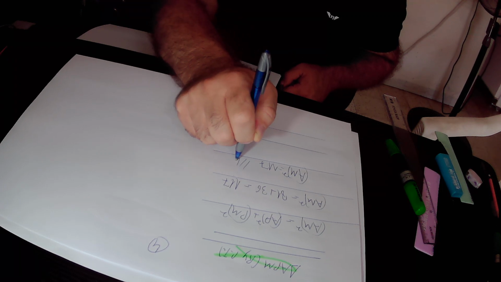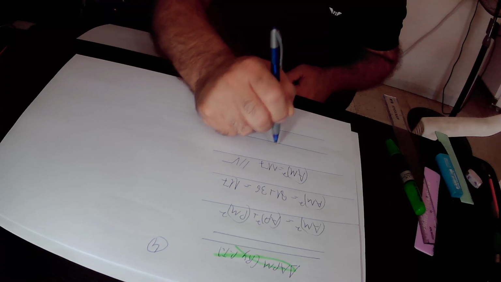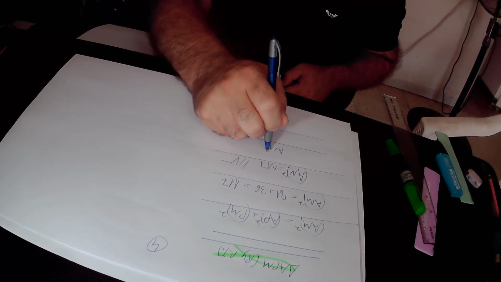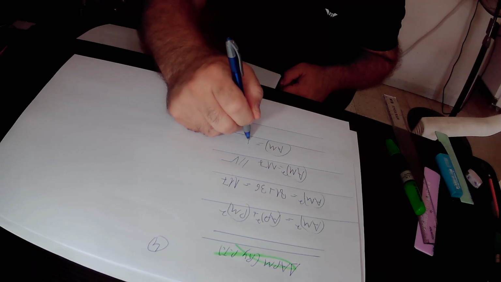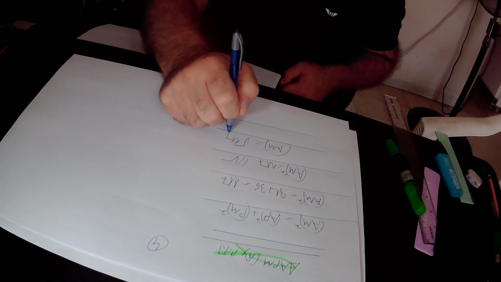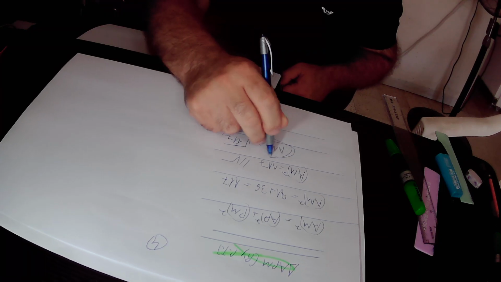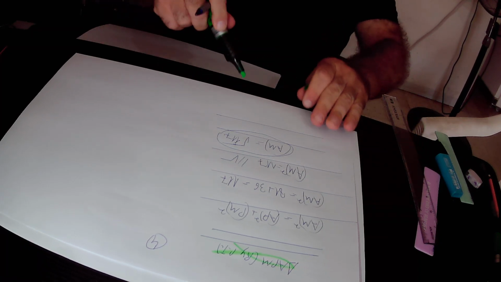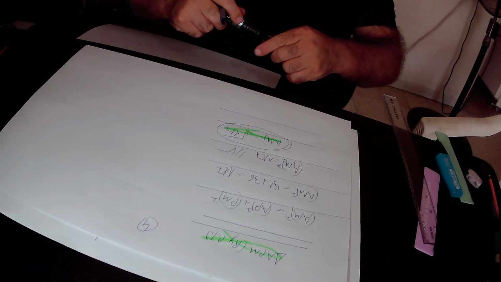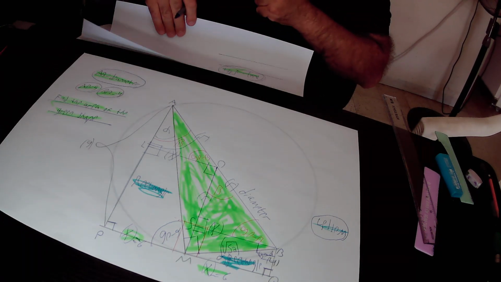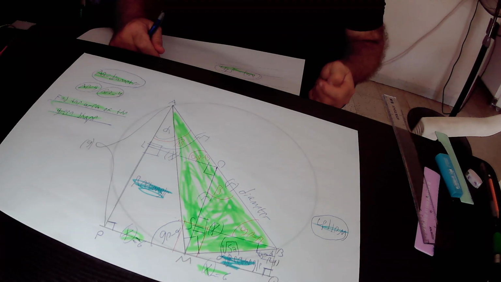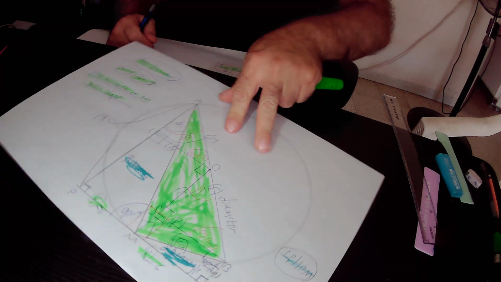Here we take the square root of this equation, and finally get that the missing hypotenuse AM is equal to the square root of 117 units in length. This is side AM.